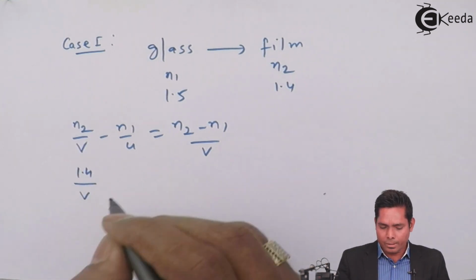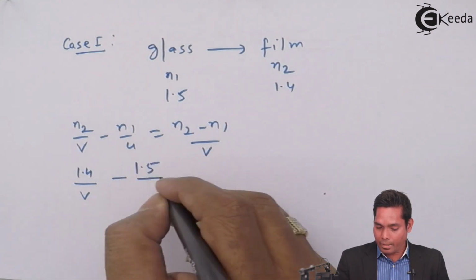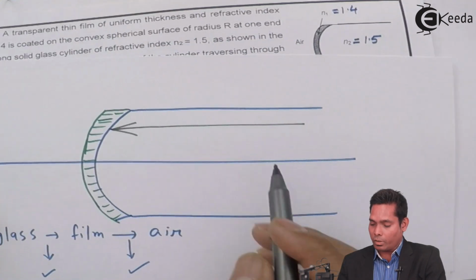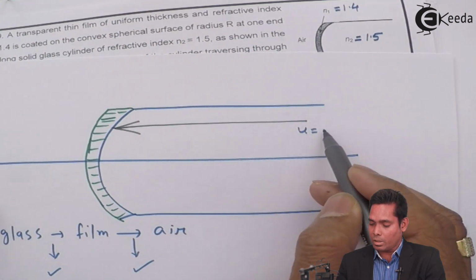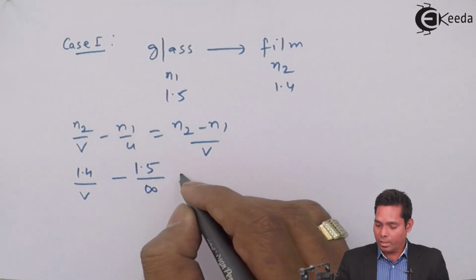Then N1 is 1.5 divided by U, because the ray is coming parallel in the first medium, so U is infinity.